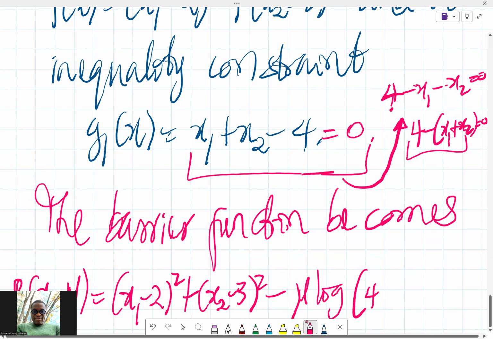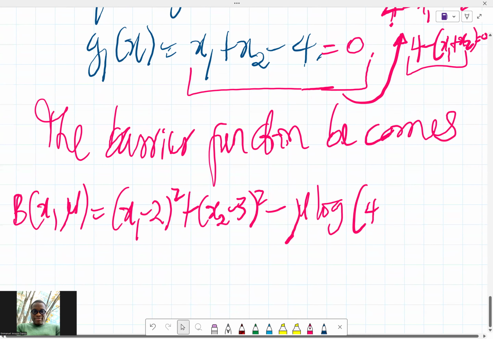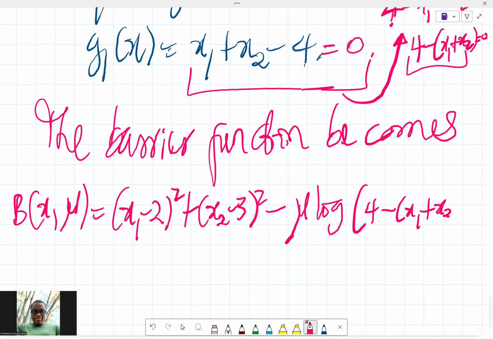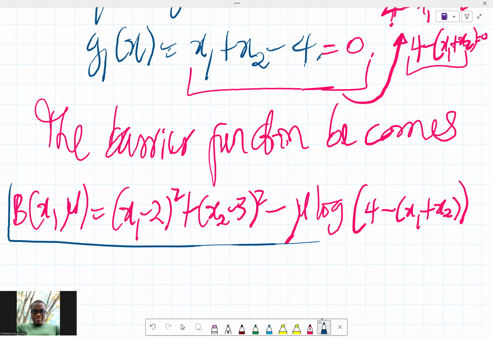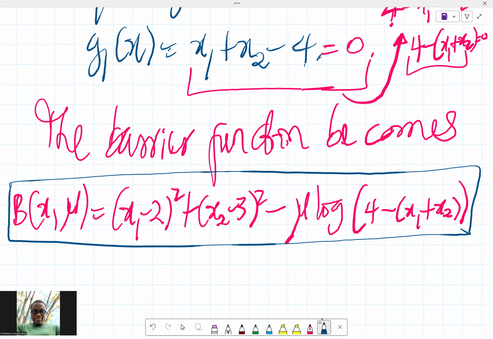So this is what we are bringing down here. That is 4 minus (x1 plus x2), like this. So that is the barrier function right there. I want to encircle that to show how important that is.